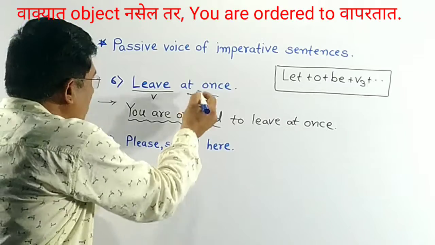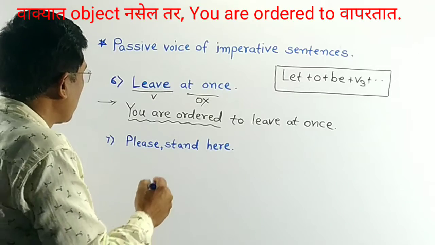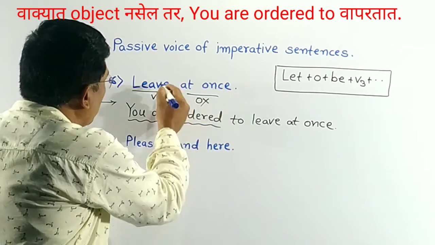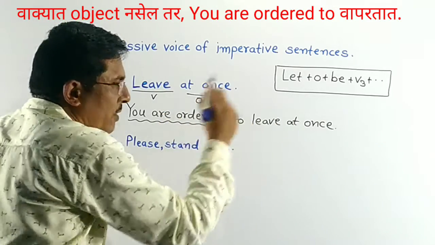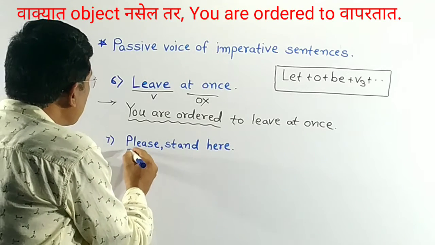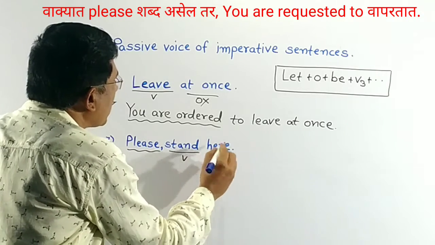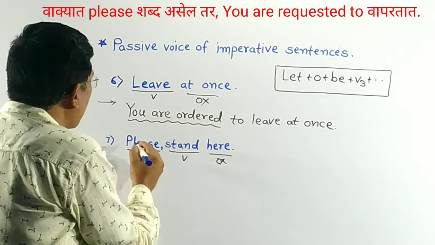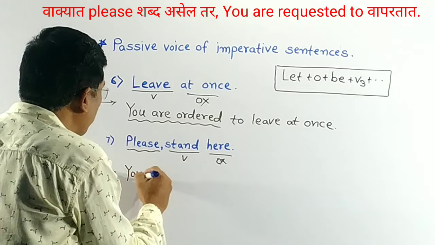See, here when object is absent and the given sentence is an imperative sentence, our answer begins with you are ordered to, and then take the sentence leave at once. You are ordered to leave at once. This is answer. Now see the next sentence. There is a please word. Stand is verb. There is no object here. In this case, since there is please, our answer begins with you are requested.